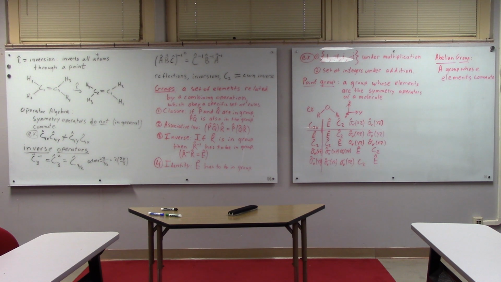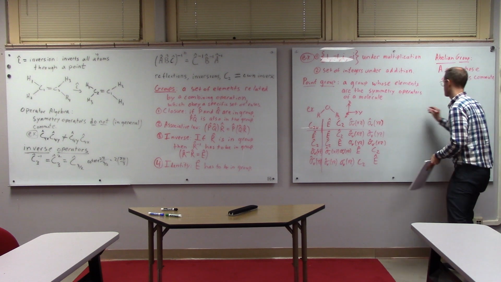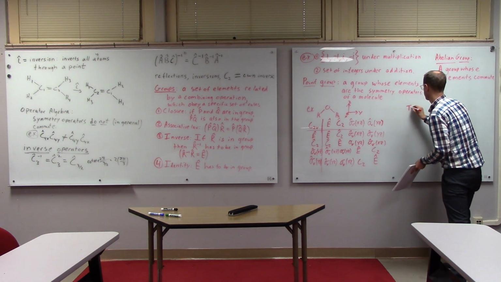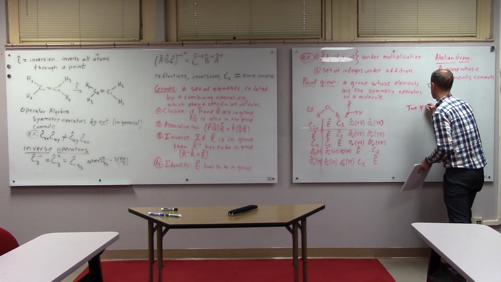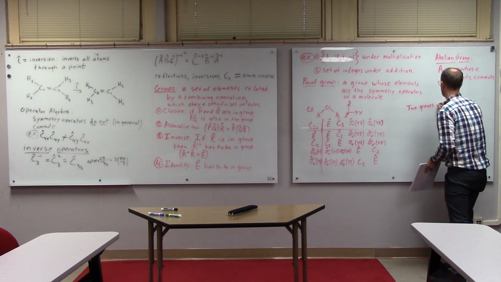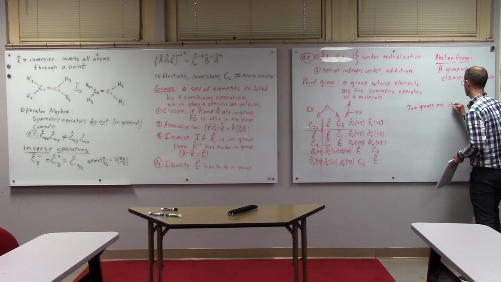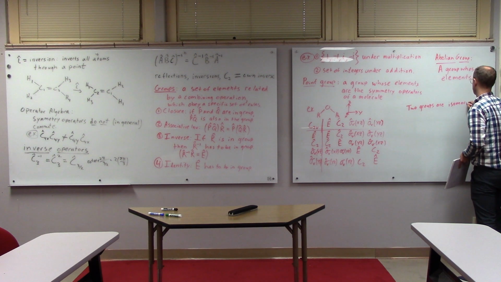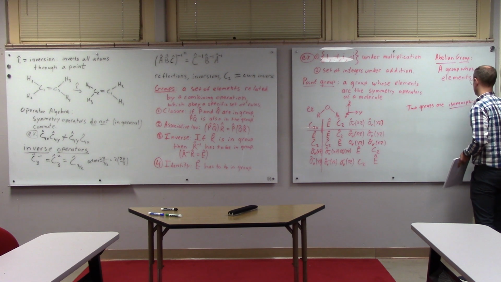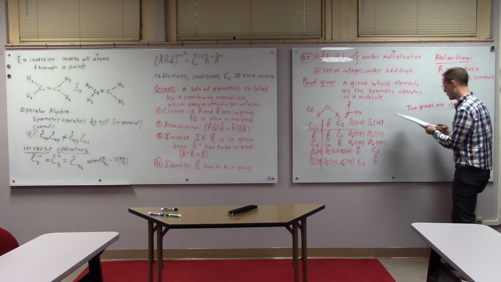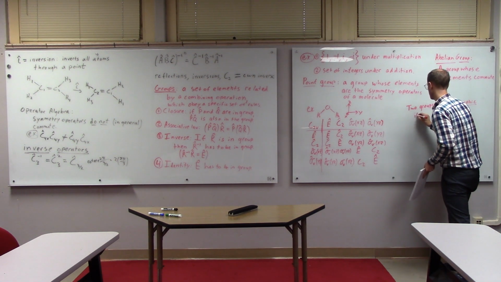So a couple other important terminologies involving groups. Two groups are said to be isomorphic if there is a one-to-one mapping of the multiplication table.